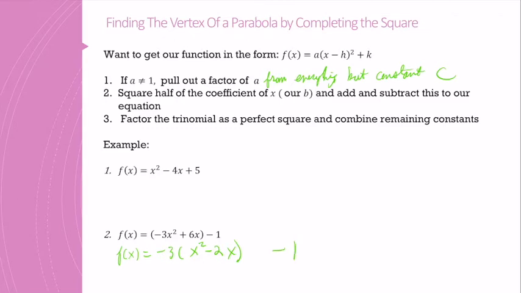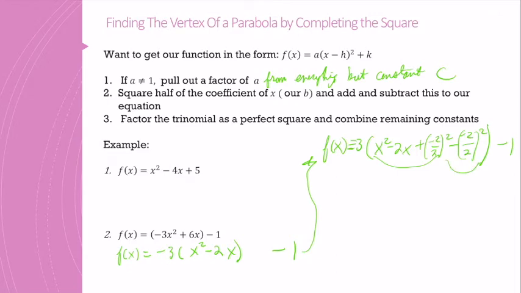Now I can go ahead and add, to x squared minus 2x, my negative 2 divided by 2 squared and subtract my negative 2 divided by 2 squared. And then out here, I have a minus 1. Note, I need to separate this from this.